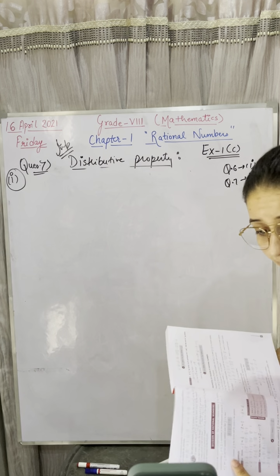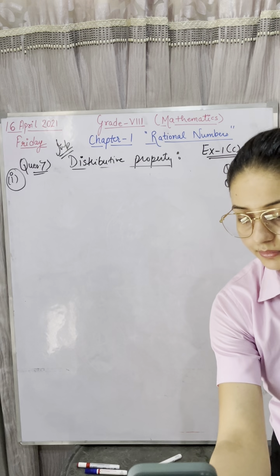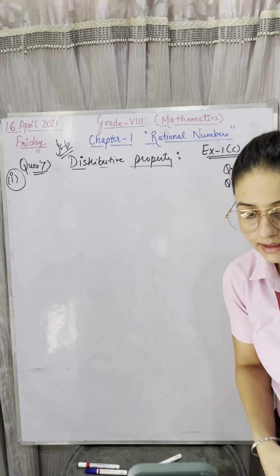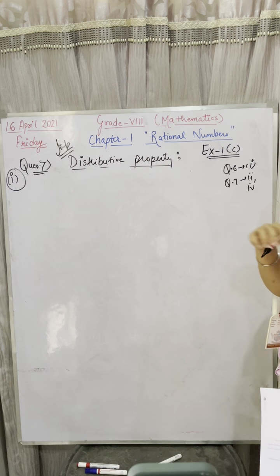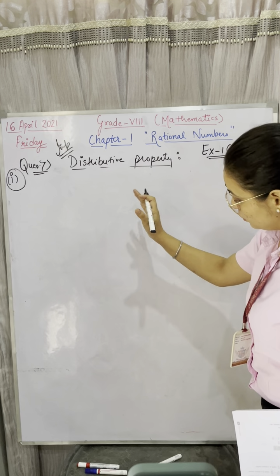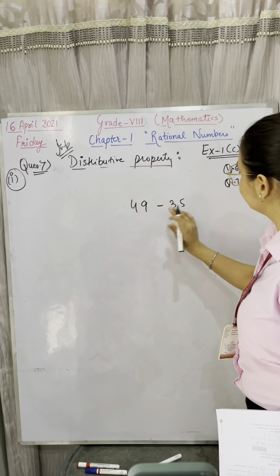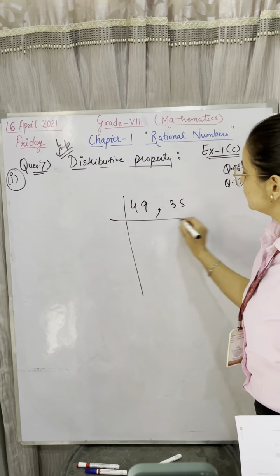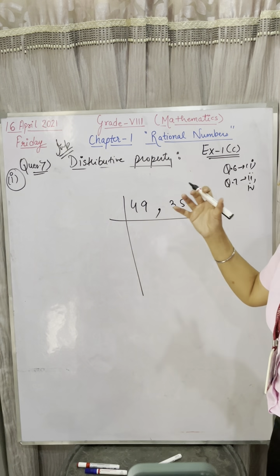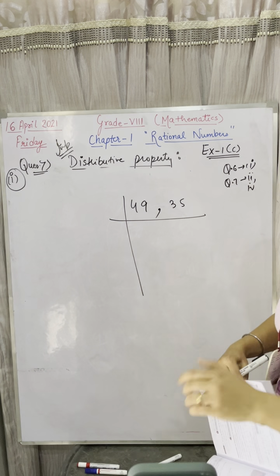How 245 has come? Who is asking? 245 has come with the LCM. Just wait. Who was asking? Manvi. Sorry, Manvi. What were the denominators? 49 and 35. You can put a hyphen or a comma here. Tell me, these two are going on which smallest prime number?